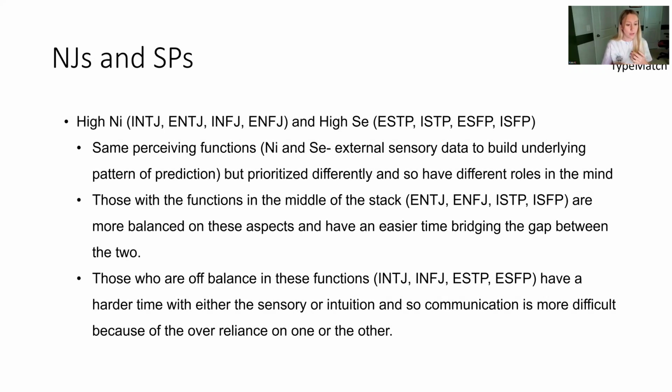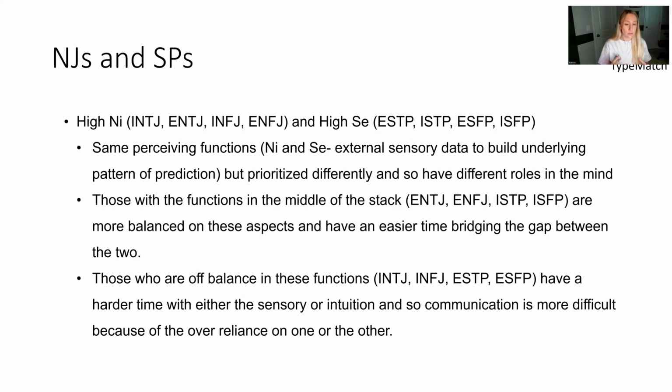So same process, but more of an orientation towards one versus the other. And the process, they can't exist without each other, though. You cannot form NI patterns and insights without the SE experiential data and vice versa.